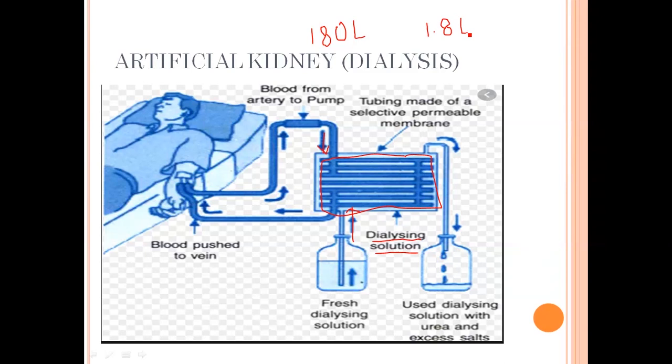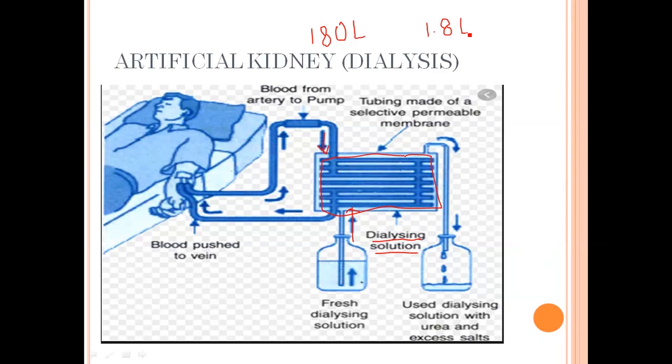Children, sometimes this artificial kidney is unable to meet the treatment requirement of the patient. So such patients are then advised to undergo kidney transplantation. In this process of kidney transplantation, a suitable donor donates his or her kidney to the patient whose kidneys are non-functional.